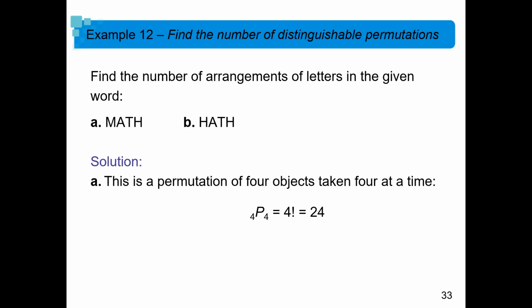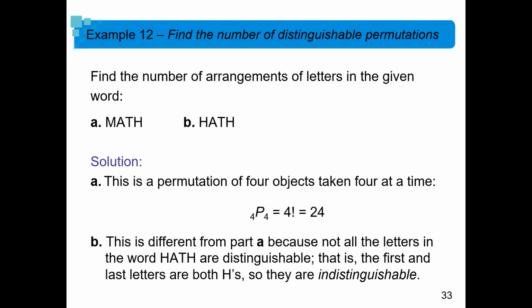Now for letter B, there is a dilemma here because the word is HATH and there are two H's, and the first H is indistinguishable from the last H. Both are just H's. So how do we solve this? This is different from part A because not all the letters in the word HATH are distinguishable. That is, the first and the last letters are both H's.